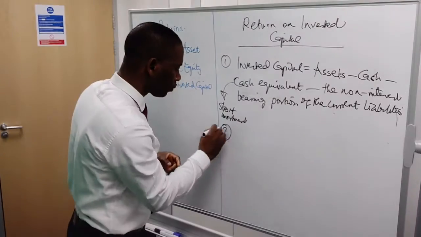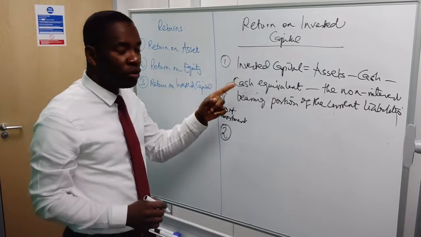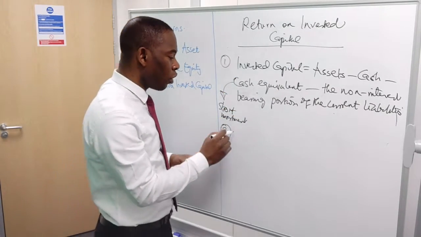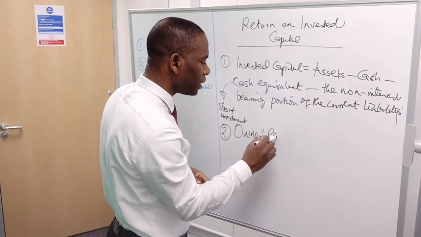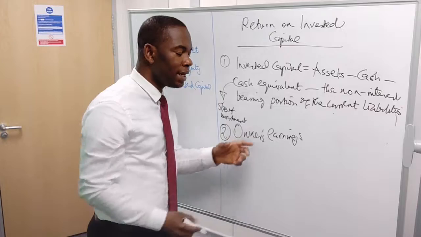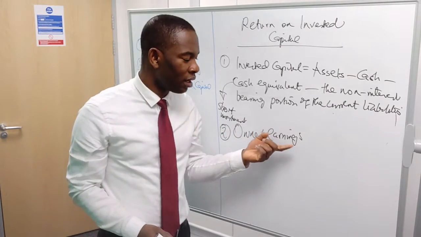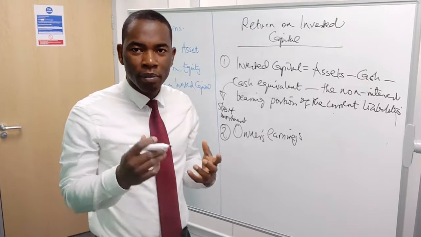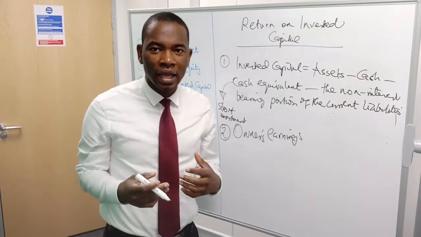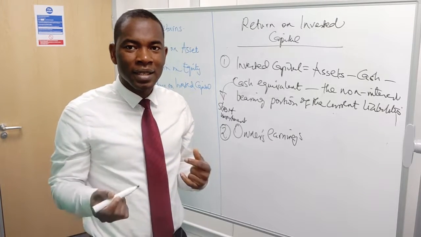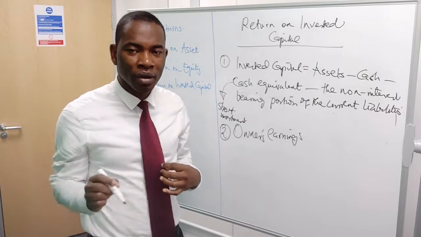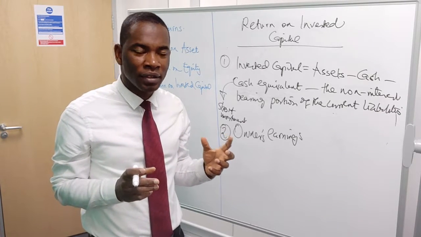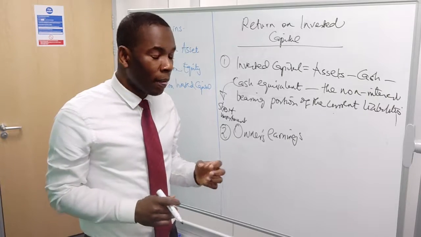Number two, the other thing you need to calculate is what you call owner's earnings. Owner's earnings was actually coined by Warren Buffett, and that itself has a root to a book written by a Scottish man called Adam Smith in the 1700s.